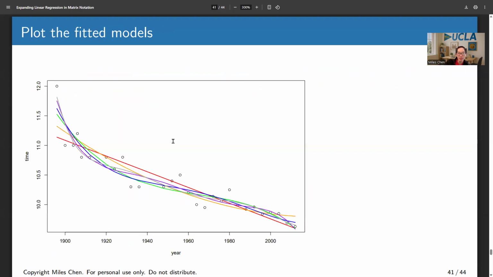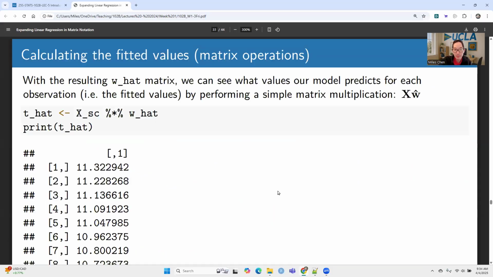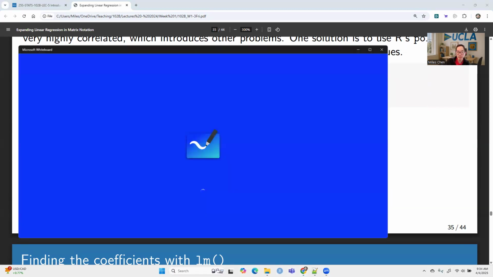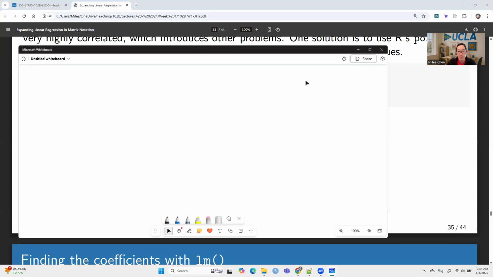Let me see if I have a picture of this. I don't. But basically, if I have x, x squared, x cubed and x to the fourth, you just have these highly correlated things.